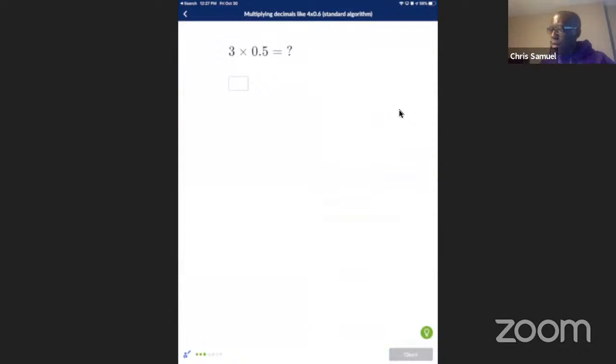All right, and we have 3 times 0.5. This is pretty much 3 times 50 cents. So we have 50 cents here, and then we have maybe $1.50.